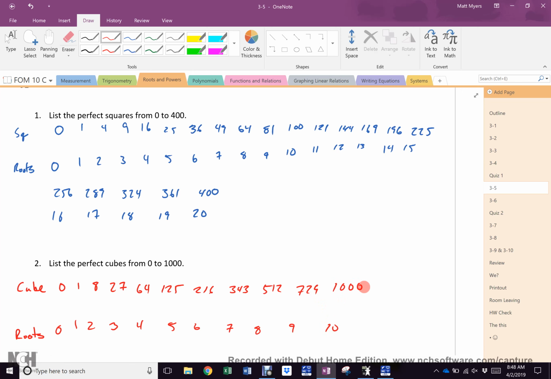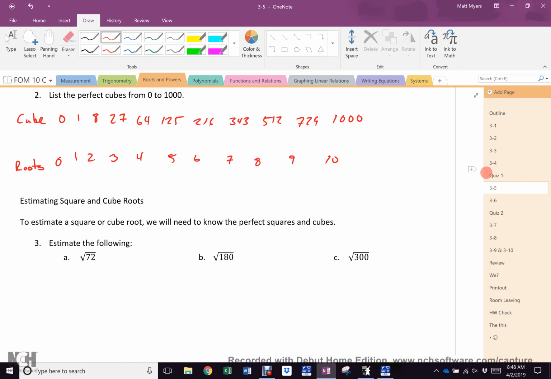Now we're going to use these right now to do what your calculator does for you. And then I'm going to show you how we're going to use these to find better answers. I assume everybody has the squares now at least, right?